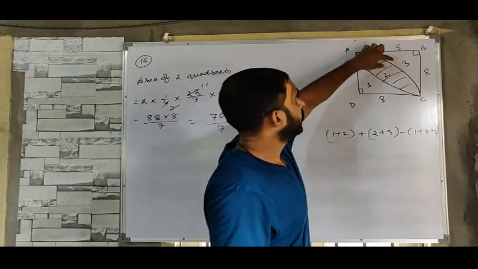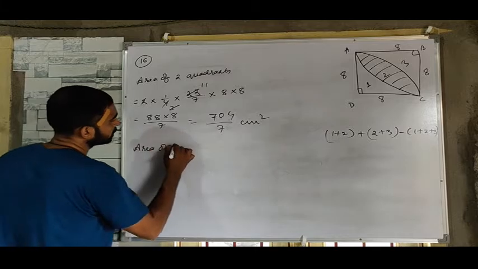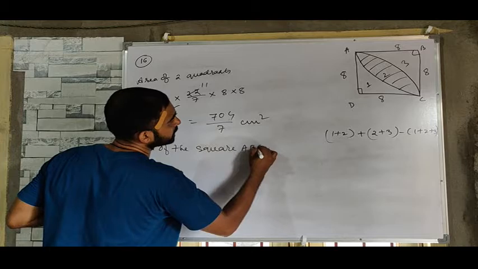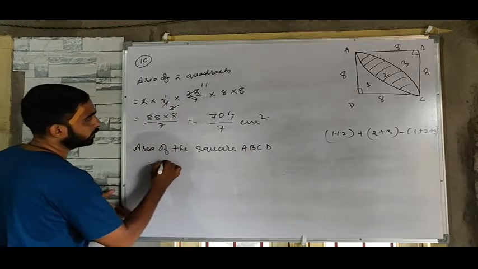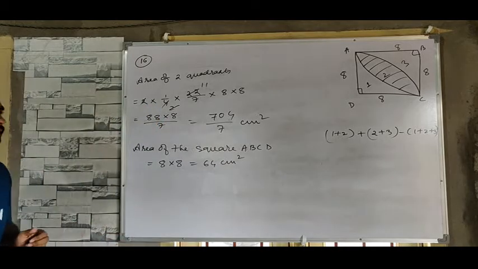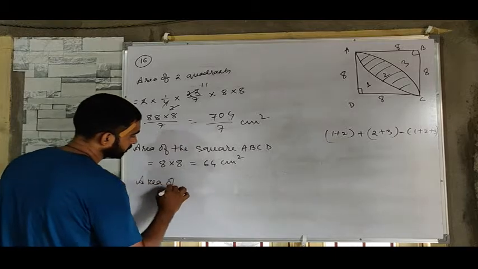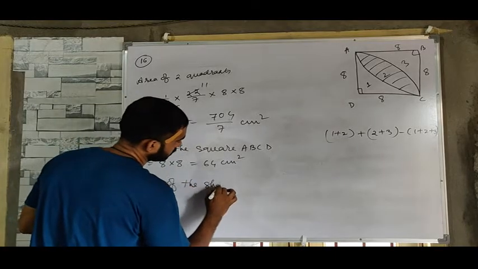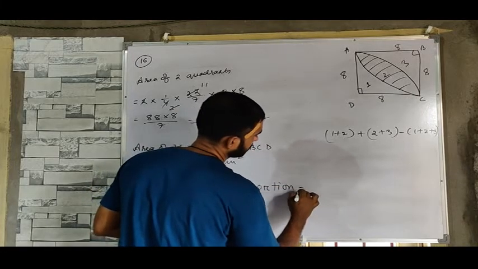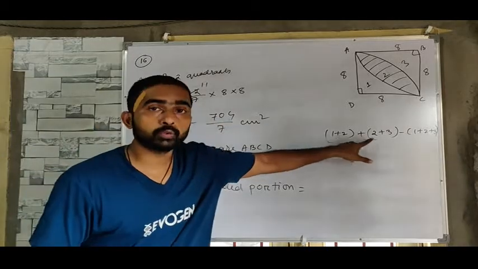Means this one and this one. Then the area of the square ABCD equals 8 into 8 equals 64 square centimeter. Then the area of the shaded portion equals 2 quadrants, means 1 plus 2, 2 plus 3.